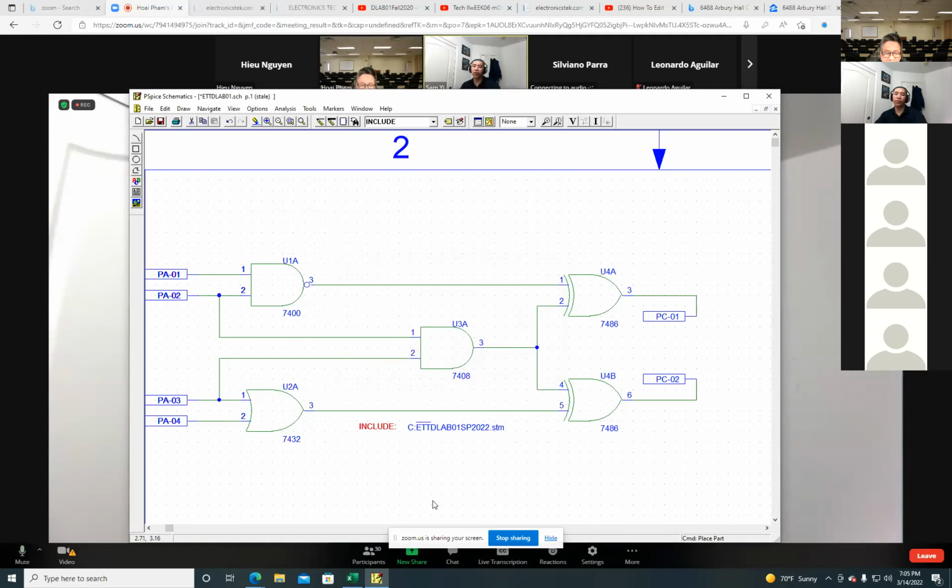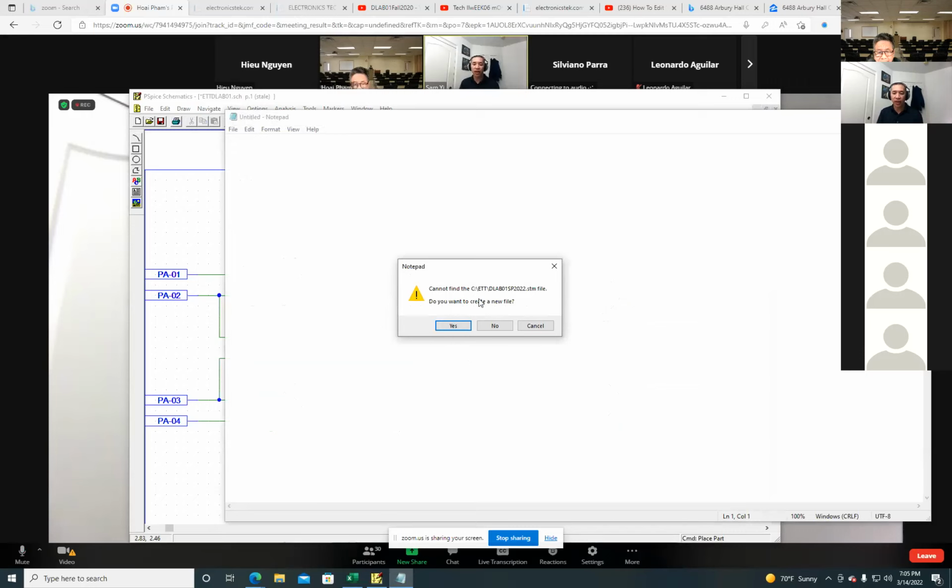That is your file where you're gonna put your input information or your timing, if you look at your truth table. So double click on that ETT DLab SP 2022. Here it asks, do you want to create one? Yes, create one.